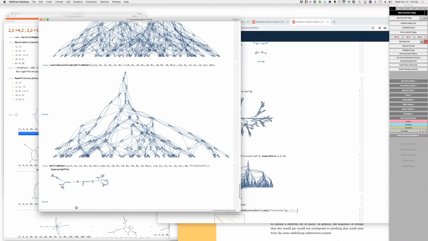Instead of just saying we got a bucket of single evolution order causal graphs, right? Then our alternative is we've got a multi-way causal graph which had merging in it.